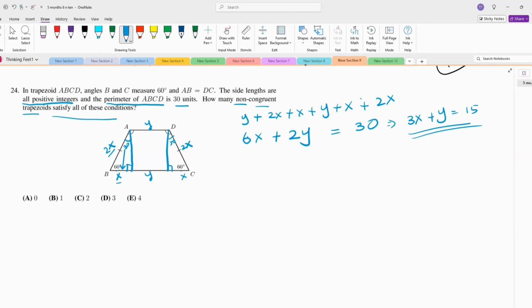Now keep in mind that x and y are integers, which means if I write it this way, x equals 15 minus y over 3, right? That tells me that 15 minus y has to be divisible by 3. Now be careful, I have 2x here, right? I have 2x, and I've got 2x's here.